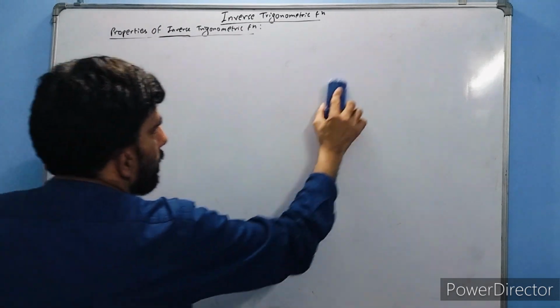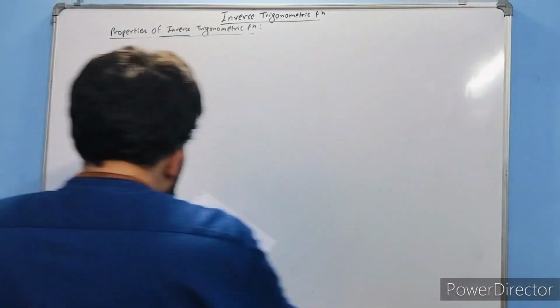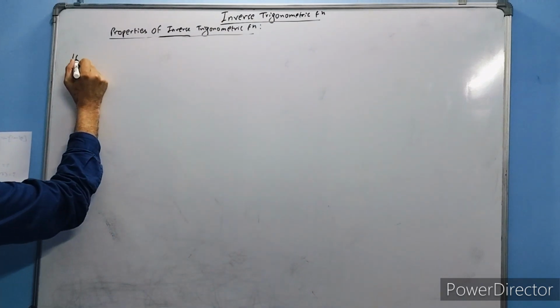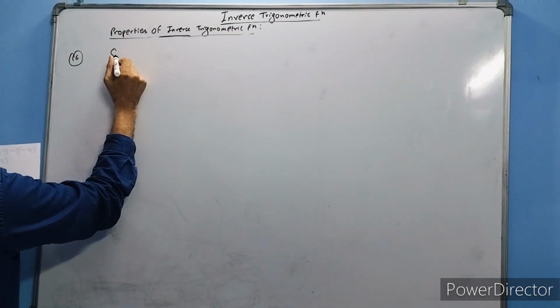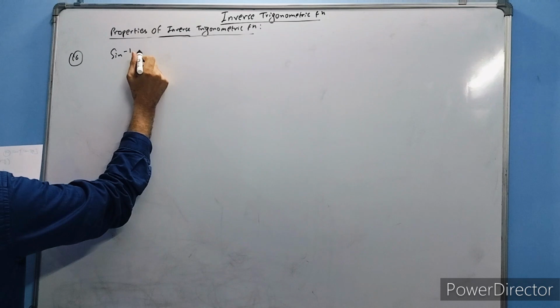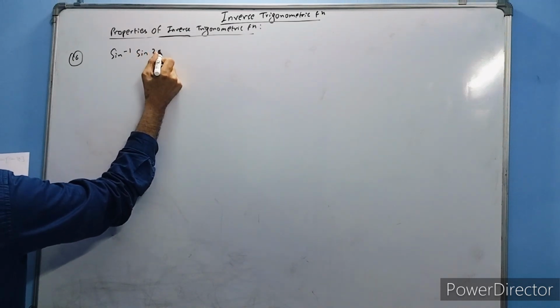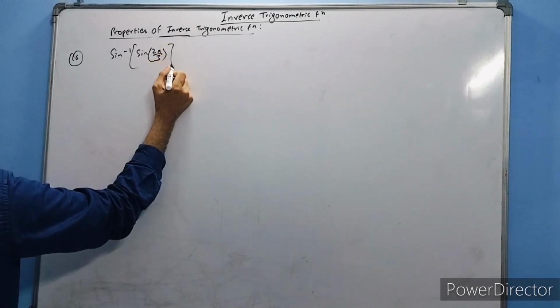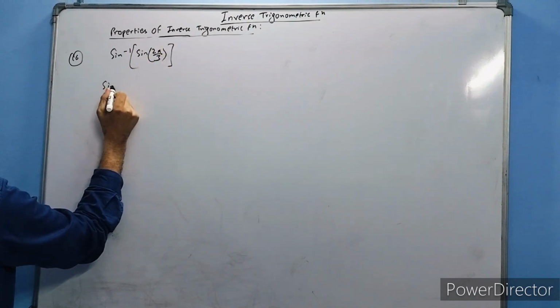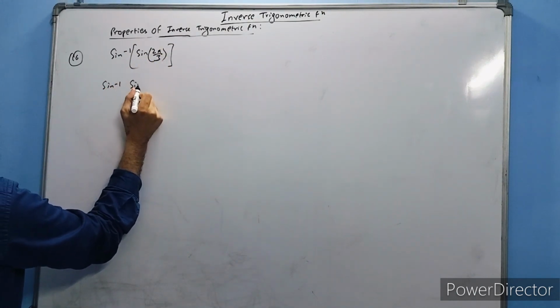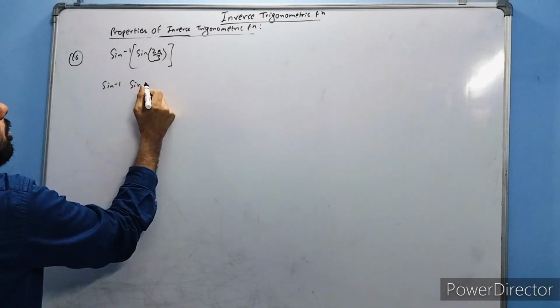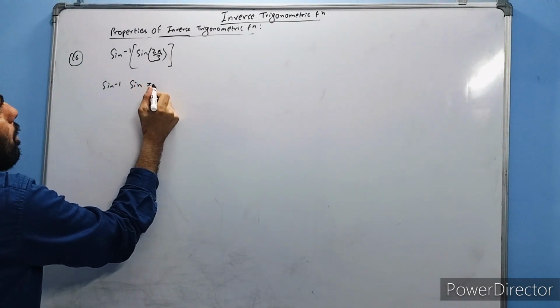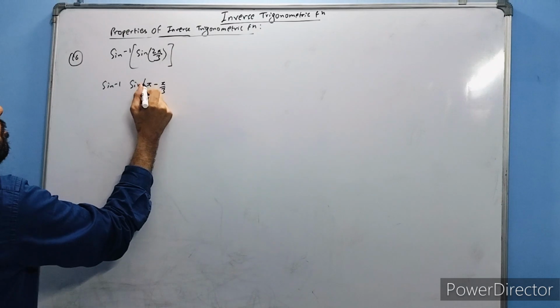Let us see. The next question I have is sine inverse sine 2 pi upon 3. So I can write here sine inverse sine of pi minus pi upon 3.